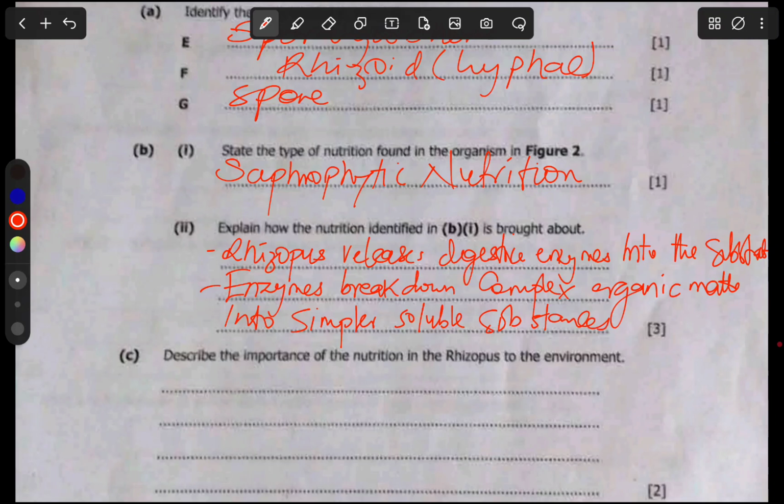Another mark there. Number 3, what happens then? Those soluble substances, once they have been formed, have to be absorbed by the hyphae. So the soluble nutrients are absorbed by the hyphae. Boom. 3 points, 3 marks in the bag.